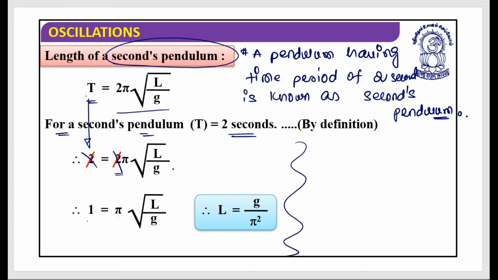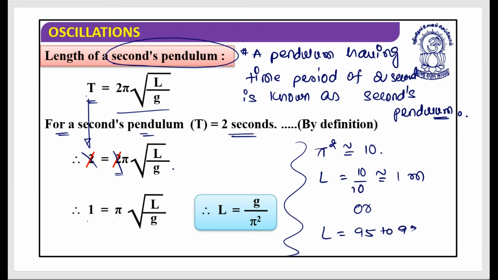If I solve this, supposing approximately pi square equals 10, then the length equals 10 by 10, approximately 1 meter. Or if I say an exact value, then this L would be around 95 to 99 centimeter. Yes, this is the length of the seconds pendulum, because it varies from case to case.